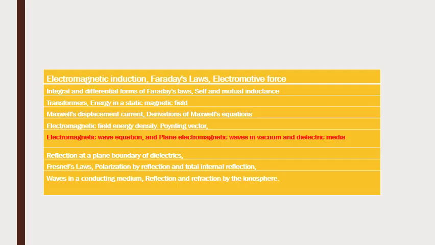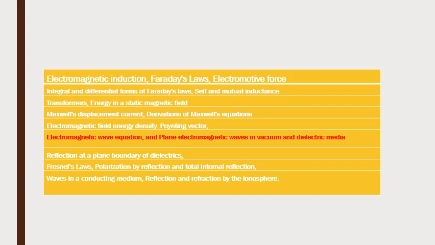Yes, we have discussed electromagnetic induction, Faraday's law, electromotive force. Then we have also discussed integral and differential forms of Faraday's laws, self-inductance, mutual inductance. As an application of inductance, we have discussed the working and principle of a transformer and how energy can be stored.